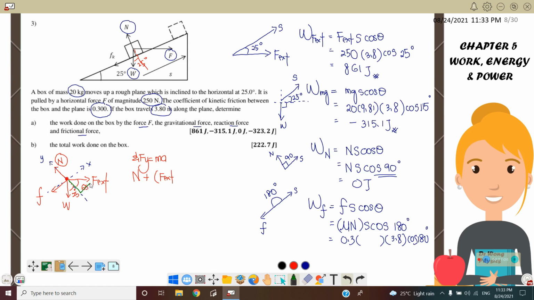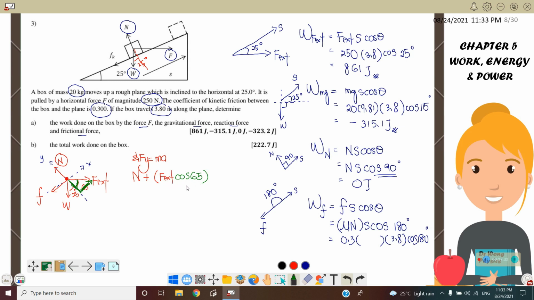The angle is adjacent, so it is F external cos 65.